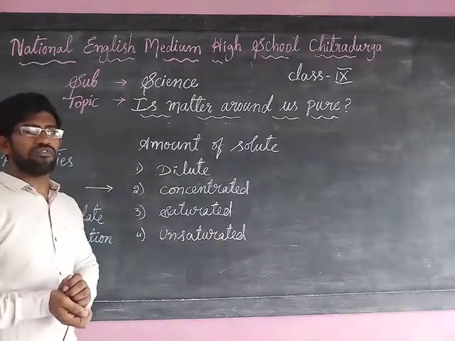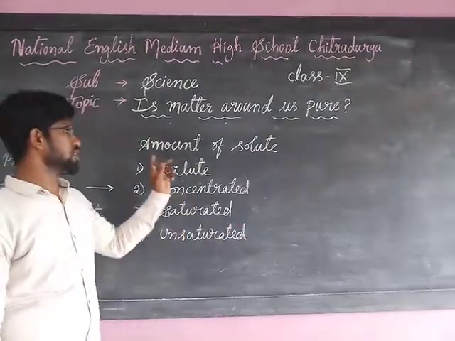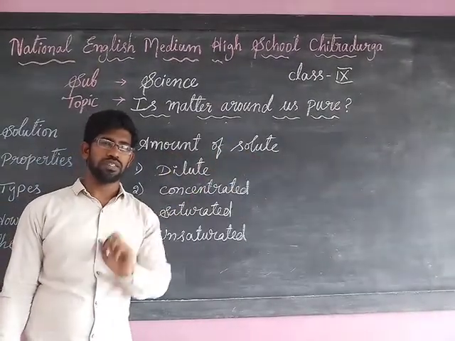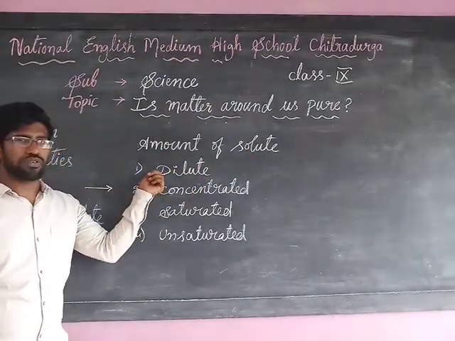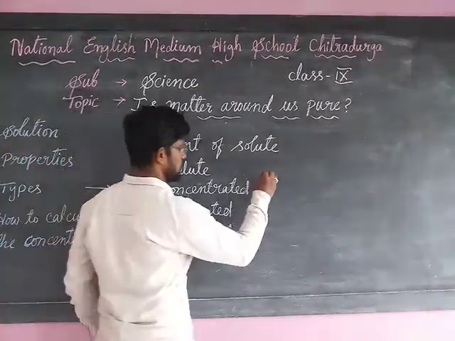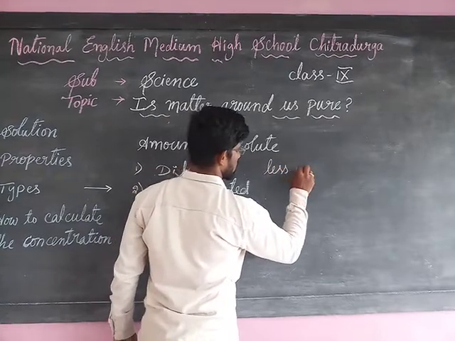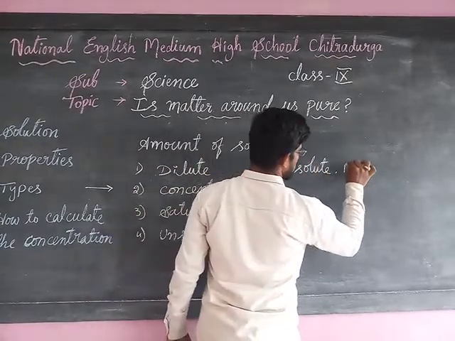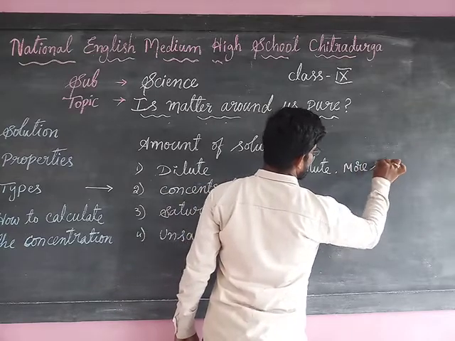These are the four different types of solutions based on the amount of solute dissolved in the solvent. The first one is dilute. The dilute type of solution has less solute but more solvent.